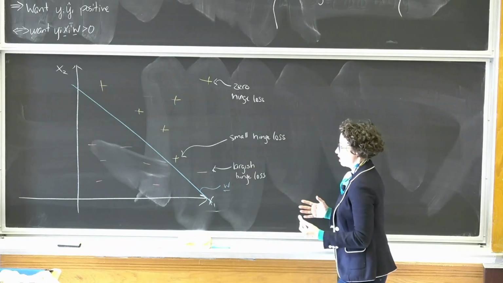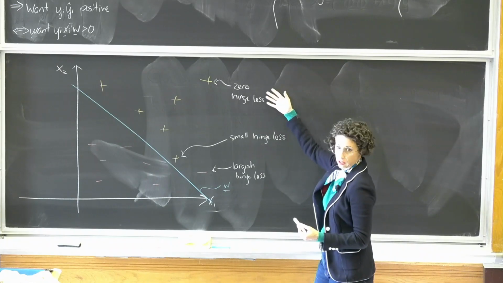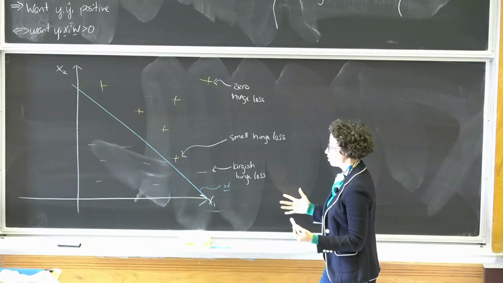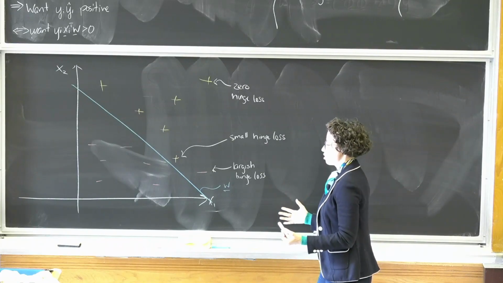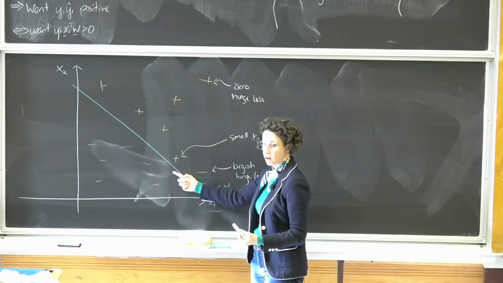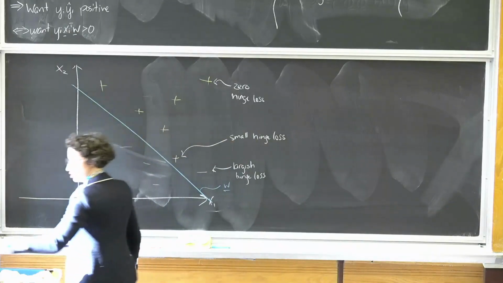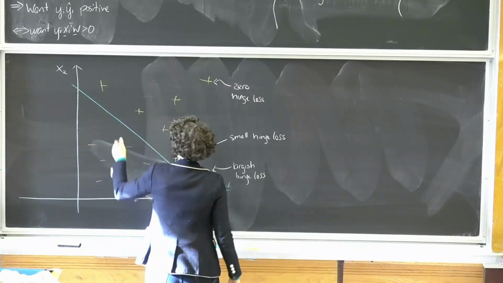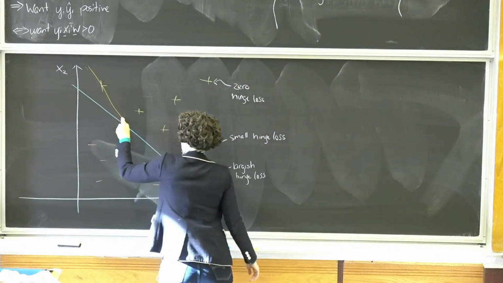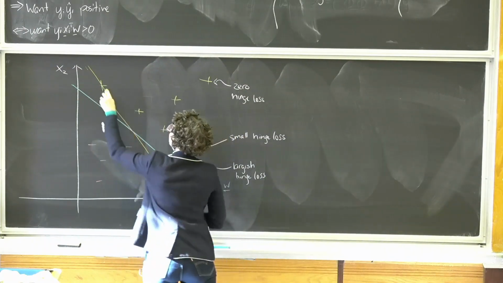So when I minimize the hinge loss, I'm trying to make sure that I correctly classify as many points as possible. But also, I'm trying to make sure that my training samples are far away from the decision boundary. Because I could imagine drawing an alternative decision boundary that looks, let's say, like this, where this is supposed to be correctly classified.